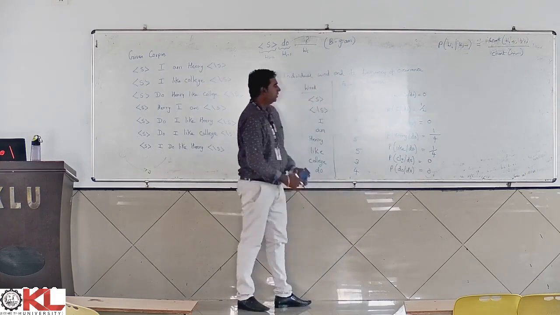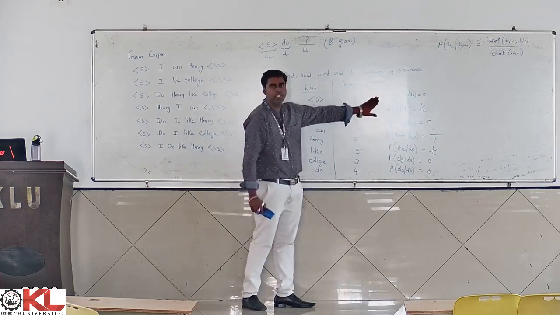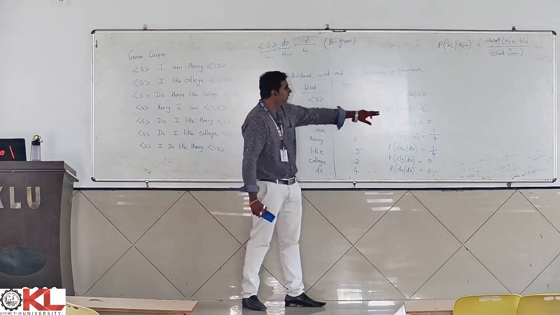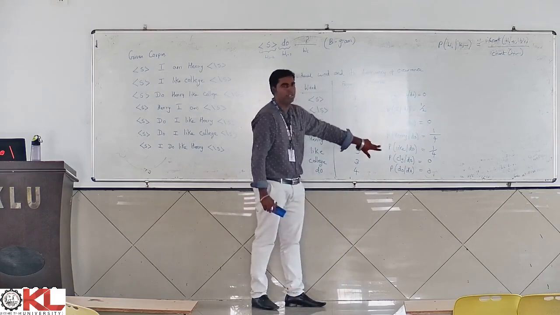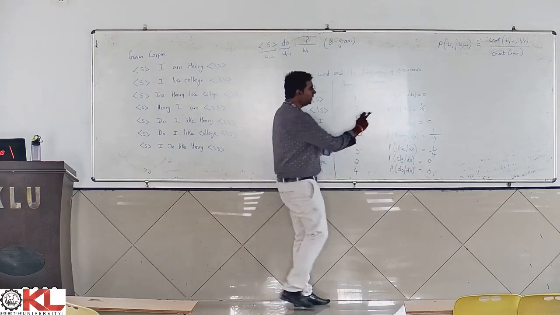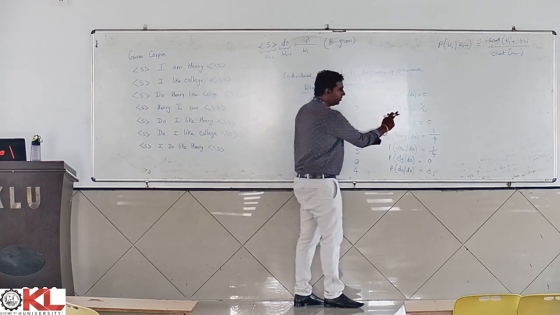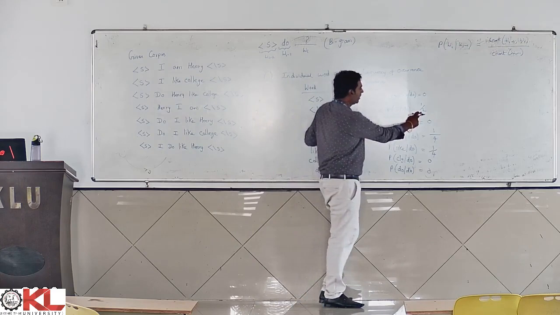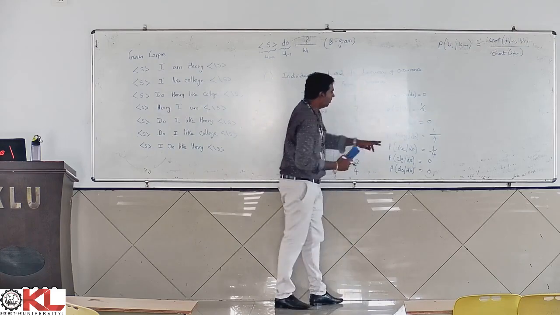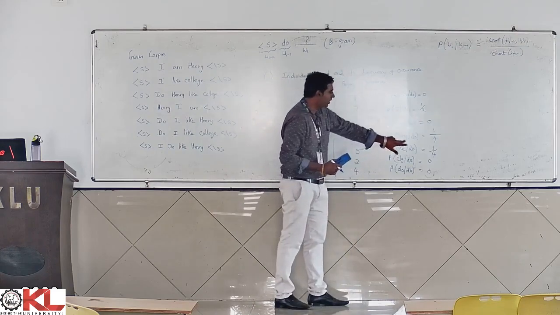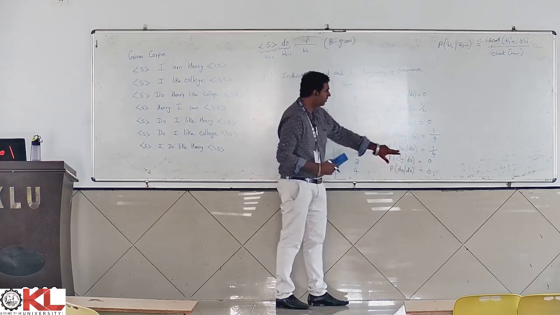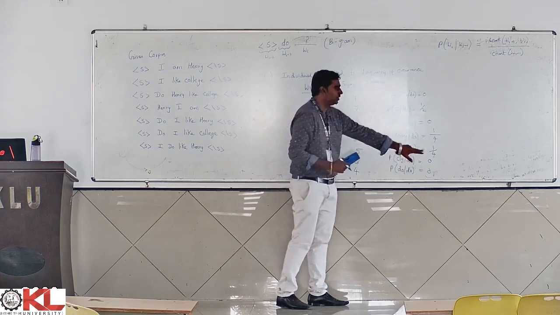So while I am checking the probability of occurrence using bigram, I got 3 different probabilities. One is for the occurrence of word "I" after "do", that is 1 by 2. Next one, probability of occurrence of word "Henry" after "do" is 1 by 4, and probability of occurrence of "like" after "do" is also 1 by 4.